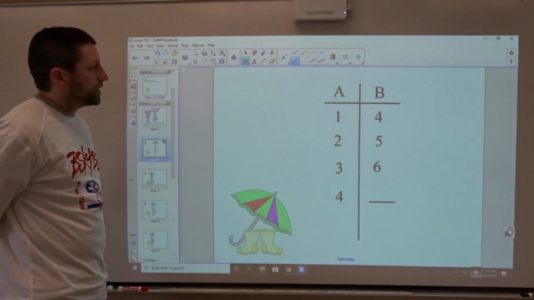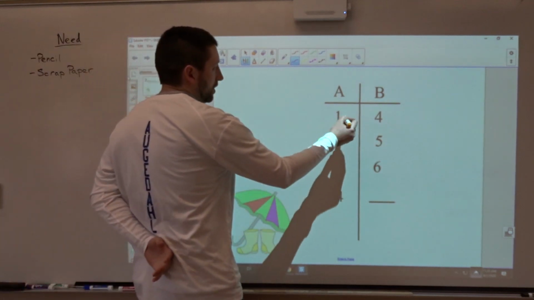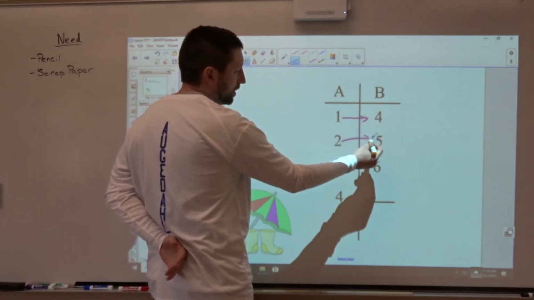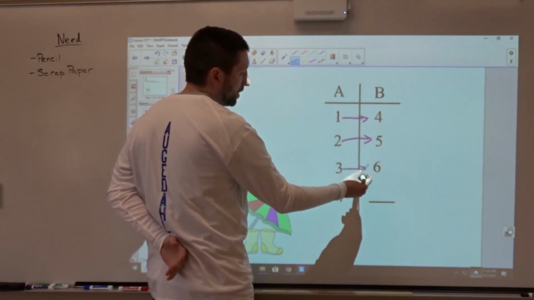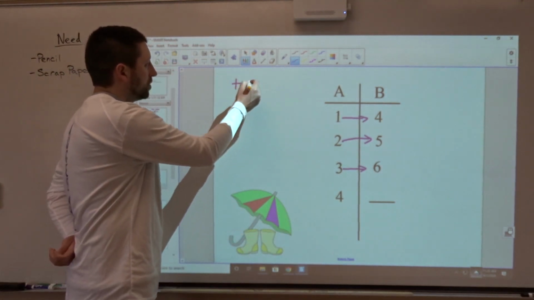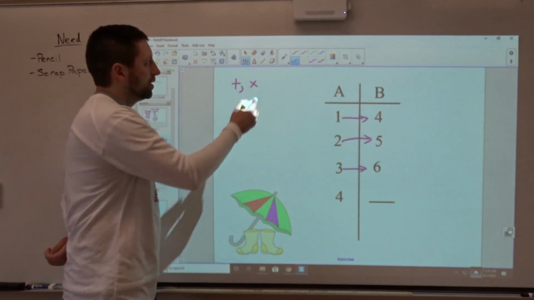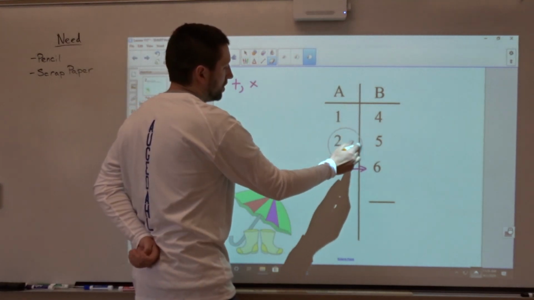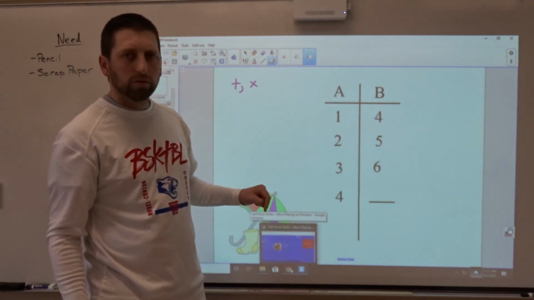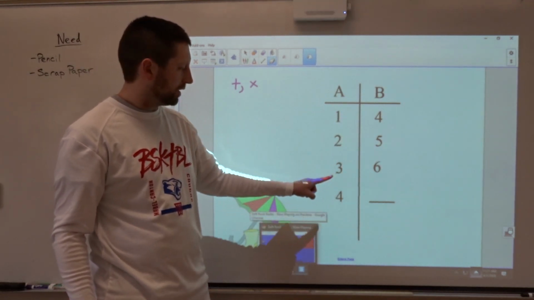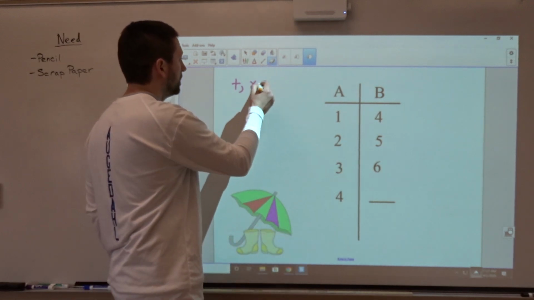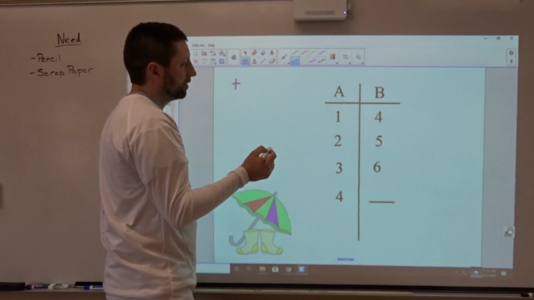Let's try the next one. So for A, I'm taking a look. As my number goes from here to here, it gets bigger. Here to here, it gets bigger. Here to here, it gets bigger. So I have to be either adding or multiplying. Now if I look here, the difference here is 3. Difference here is 3. Difference here is 3. So I'm probably adding.